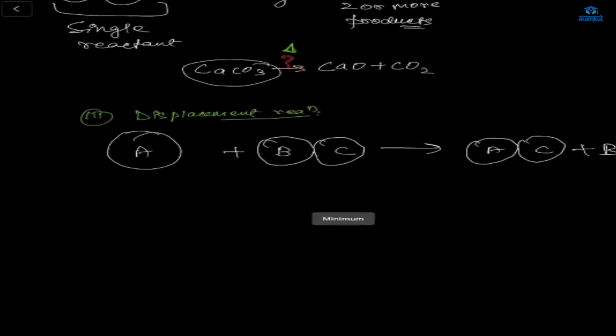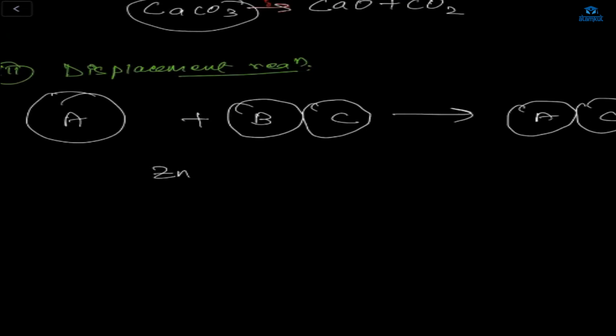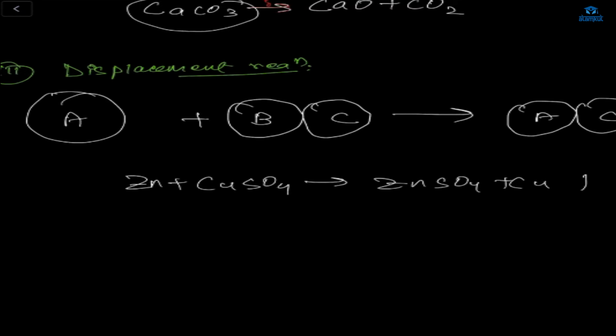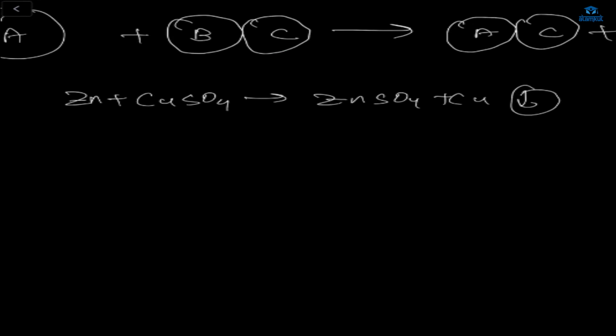Let me give you another example: Zn plus CuSO4 gives ZnSO4 plus Cu, with the precipitation arrow. So what is going on here? Since zinc is more reactive than copper, it threw copper out, right? And here copper is crying that no, I'm alone.